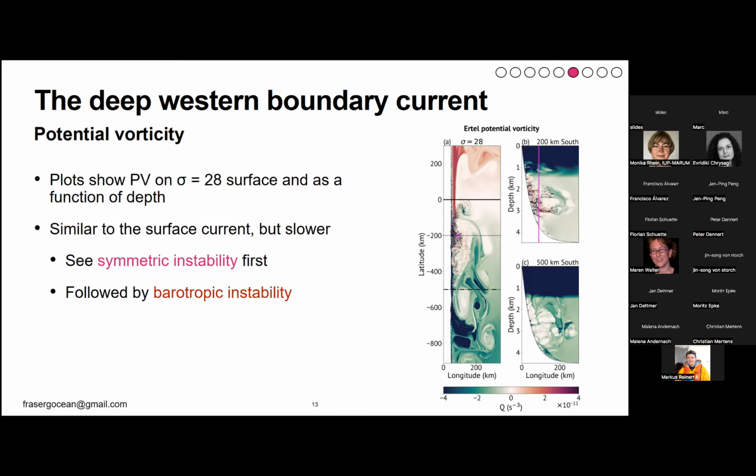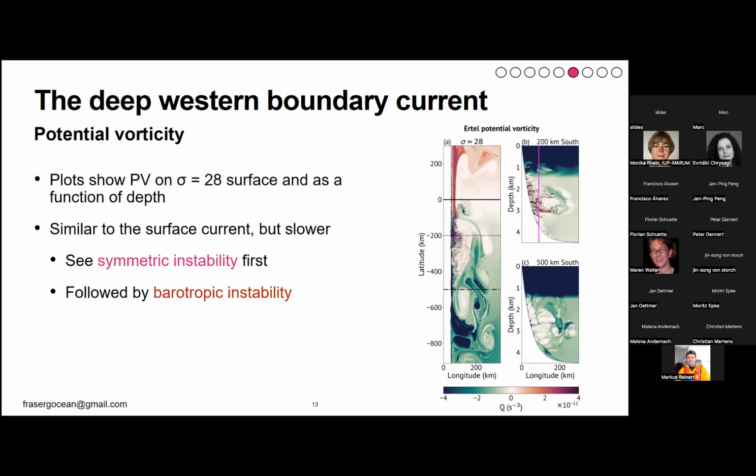These plots show potential vorticity. The big one shows it on an isopycnal surface, constant with the maxima of the deep western boundary current. And you can see there's this tongue of positive PV going into the southern hemisphere, and we can see the excitement of the symmetric instability here, and then afterwards we get the excitement of the barotropic instability and spinning up of these eddies.